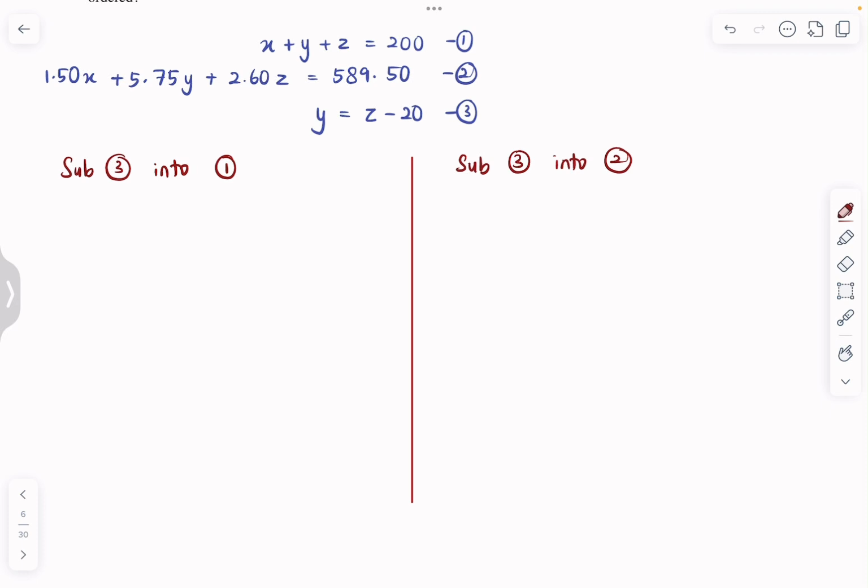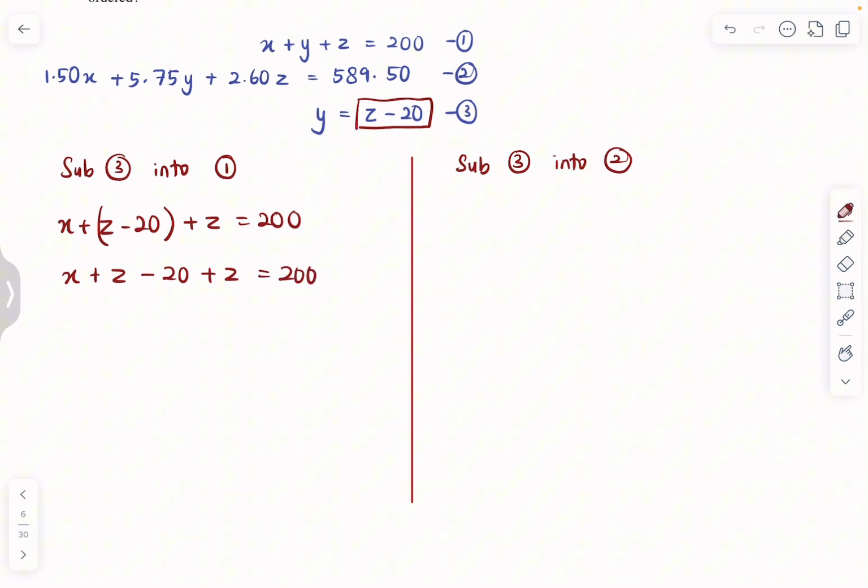Substituting into 1, we get x plus z minus 20 plus z equals 200. Z plus z is 2z, so x plus 2z equals 200 plus 20, which is 220.